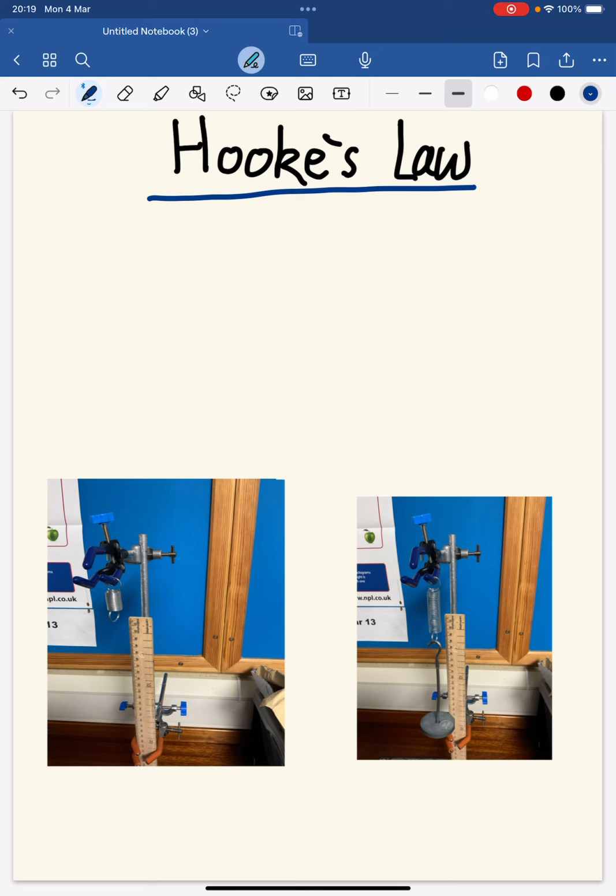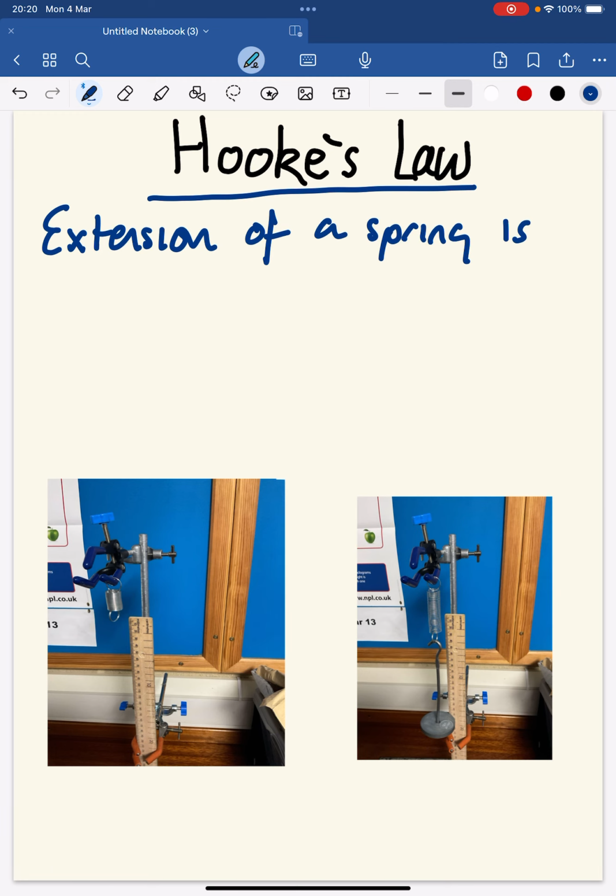So Hooke's law states that the extension of a spring, now this could also be an elastic object, is directly proportional. Now, directly proportional is so key in this practical, but it's also key in all parts of your GCSE.